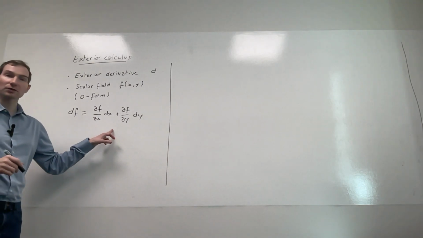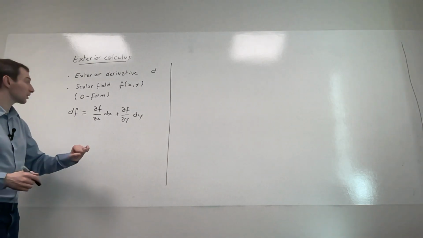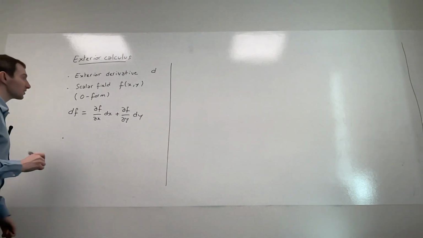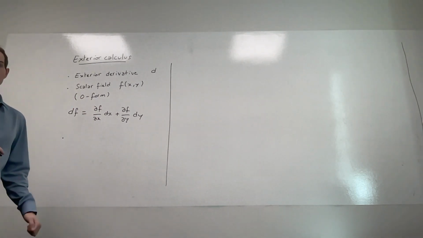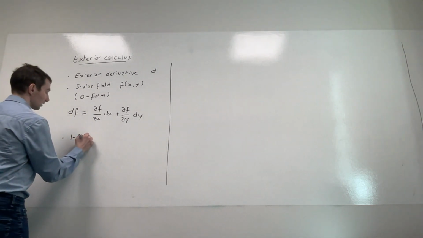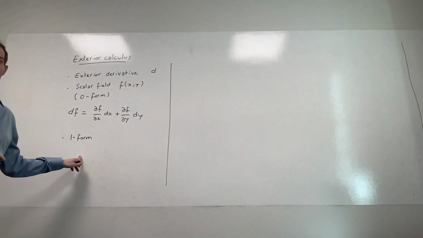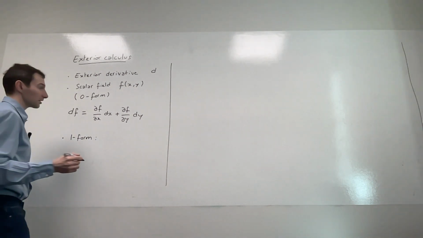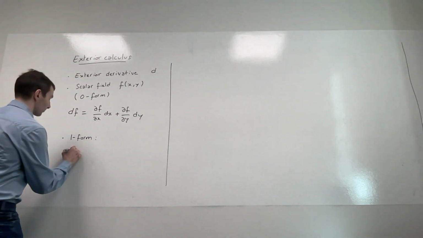There is nothing special about this. But now let's see what happens when we have something else. Imagine that instead of a scalar field, I have what is called a one form, in particular a one exterior form, usually called omega.